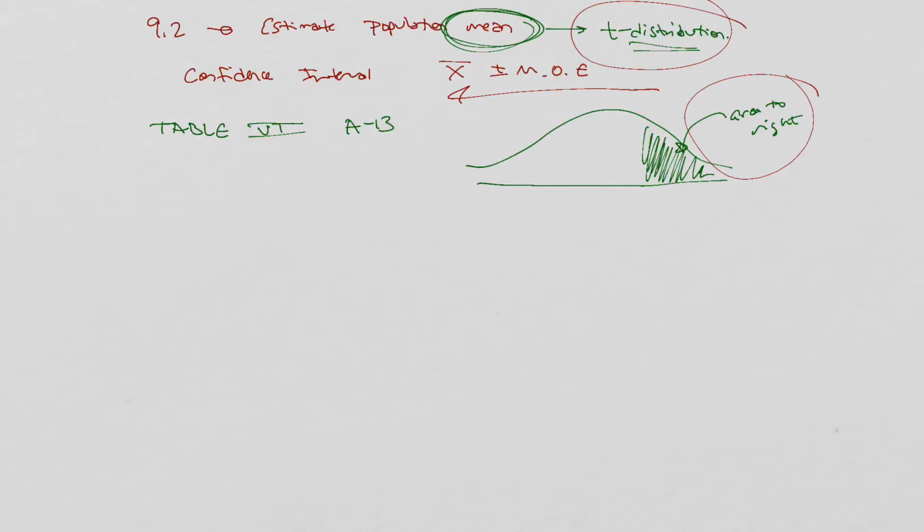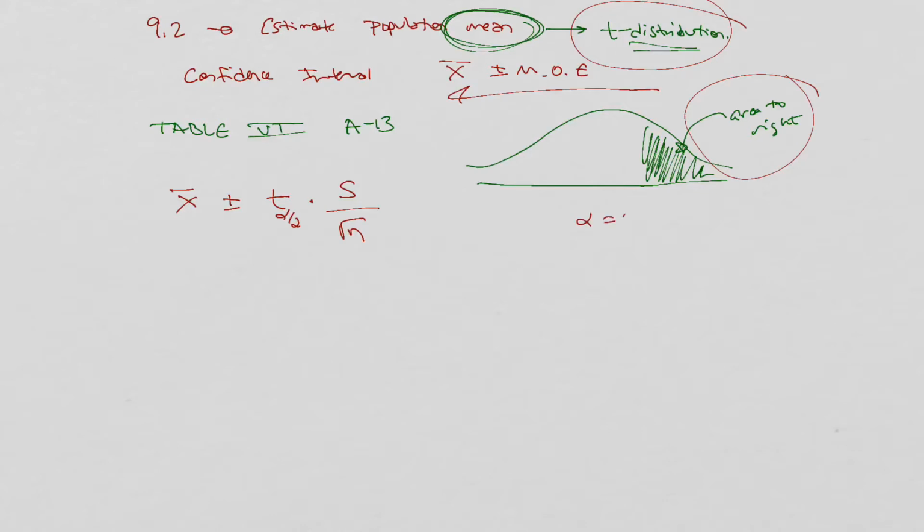How we looked these things up was slightly different as well. Let's remember how to do the confidence intervals from section 9.2. It was x bar plus or minus the t-value times s, the standard deviation of the sample, over the square root of n, where little n is the size of the sample. We used the t-value of alpha over 2.